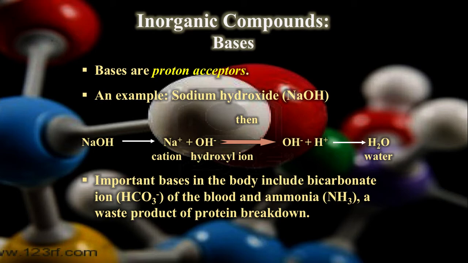Hydroxyl ion is OH. If he is a proton acceptor and he wants to suck up that hydrogen ion, he's OH, hydrogen ion is H. When you stick them together, what are you going to get? H2O. You're going to get water. So there's an example of a base accepting a hydrogen ion.